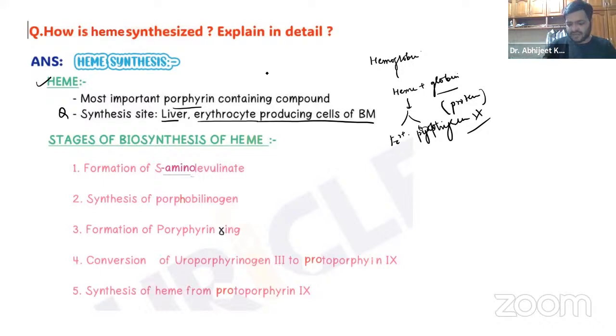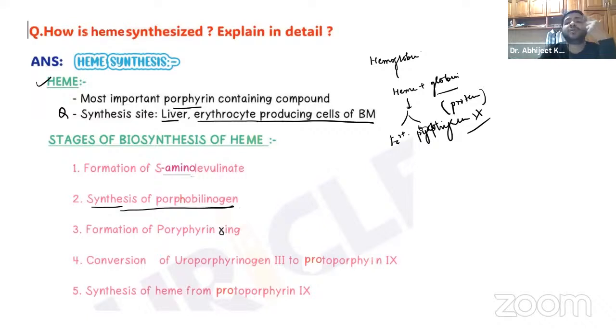Now we have different stages, guys. The first step is the synthesis of delta-aminolevulinate, or I would say the first step, guys, is always the synthesis of porphobilinogen, right?